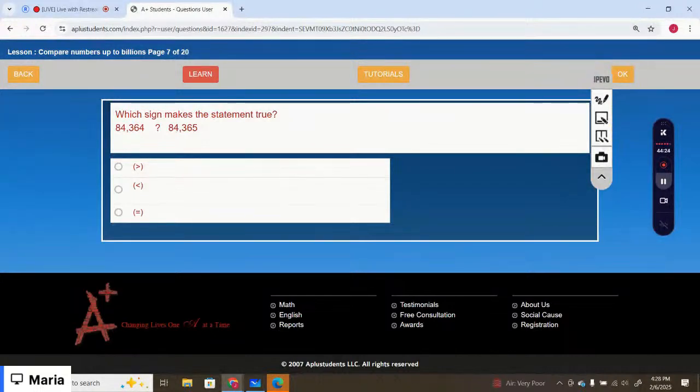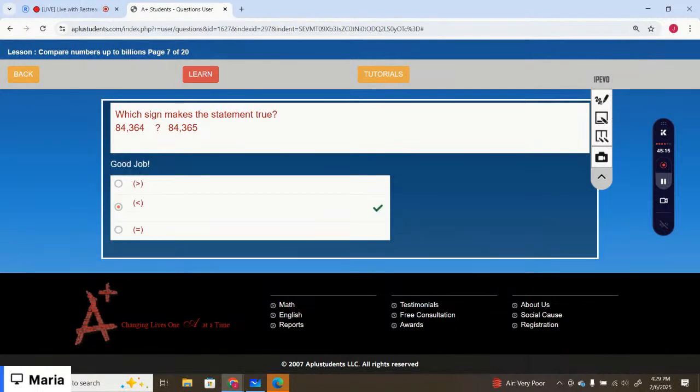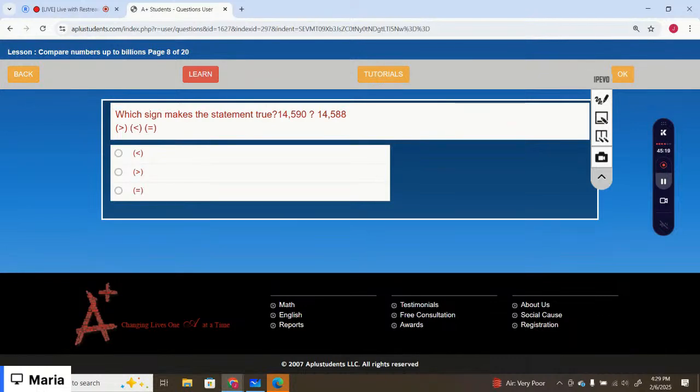Which sign makes the statement true? Which is the correct option? 84,364 is less than 84,365. Which sign makes the statement true?